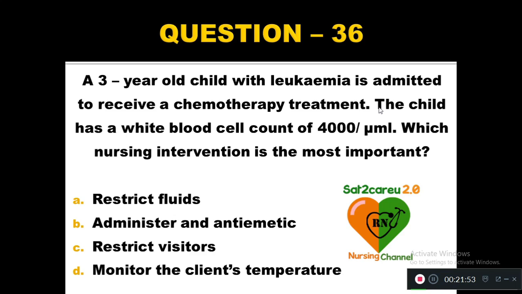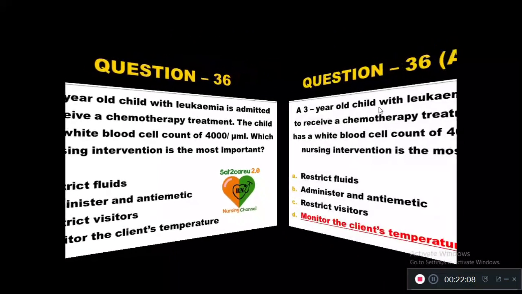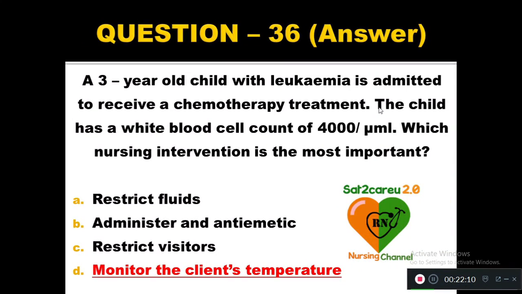Option B, administer an antiemetic. Option C, restrict visitors. And D, monitor the client's temperature. The correct answer is option D, monitor the client's temperature, which indicates a sign of infection.